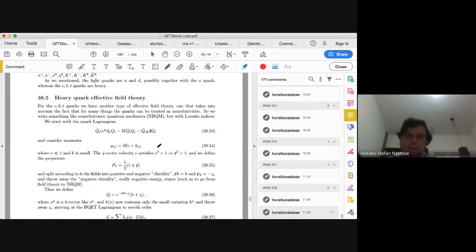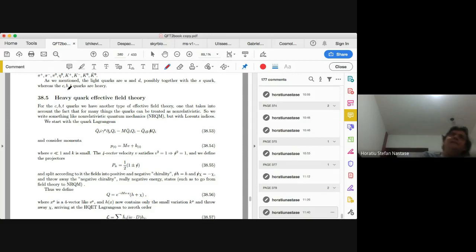So up, down, and strange we have dealt with in terms of low energy QCD. But how about charm, bottom, and top quarks? Well, at low energies in QCD, charm, bottom, and top are very heavy. They have masses that are higher than the mass of proton and neutron, so higher than lambda QCD.